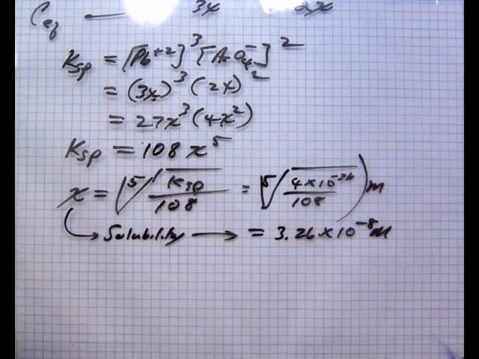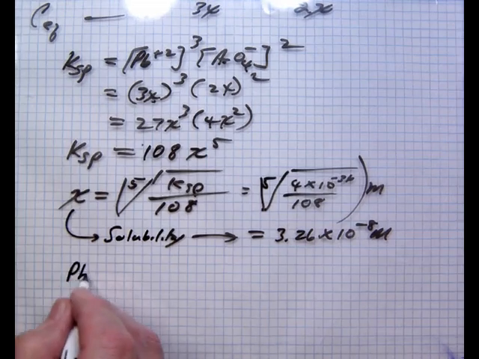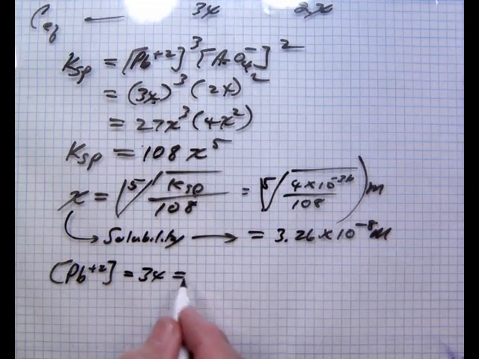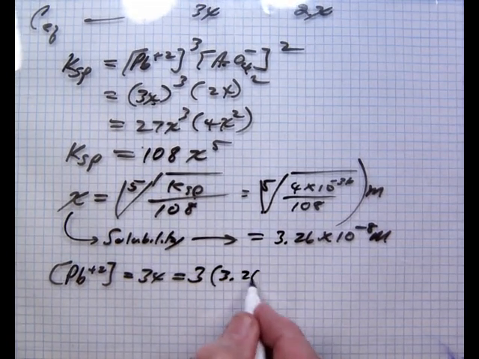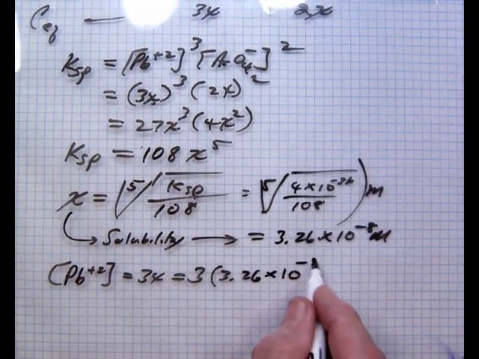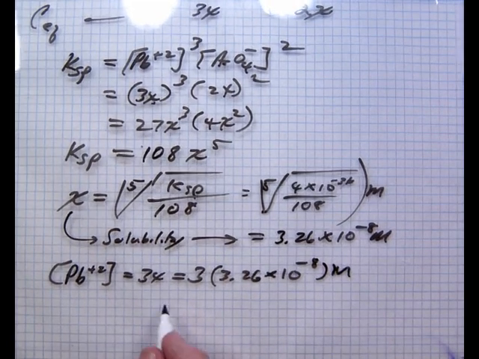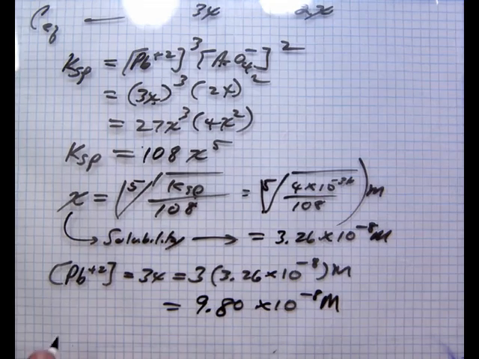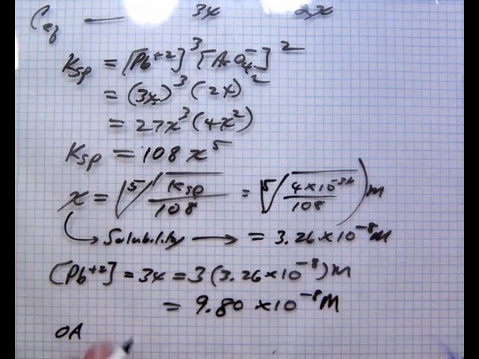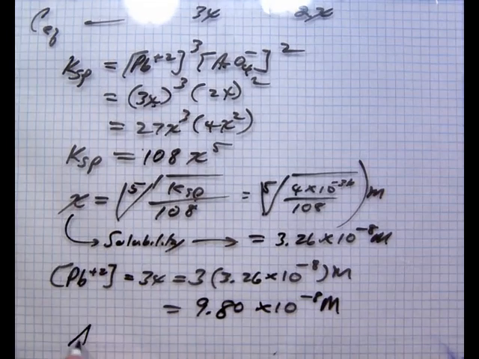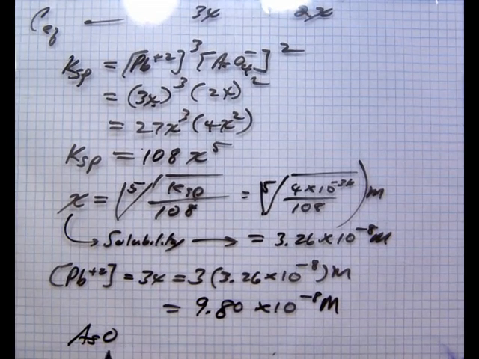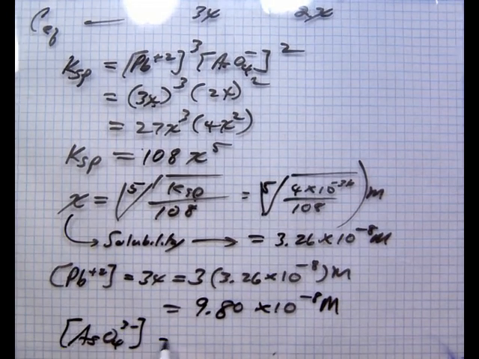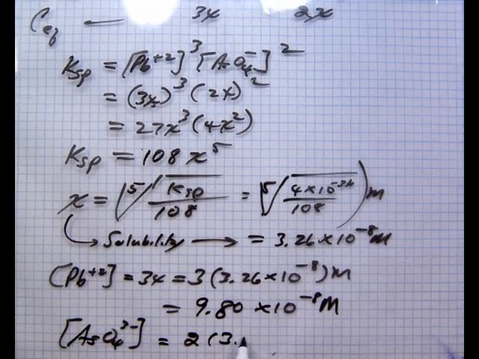So if you were asked on a question what's the lead concentration, it would be 3x, which is 3 times 3.26 times 10 to the minus 8 moles per liter. So there's your lead concentration right there. And finally, your arsenate is 2 times that number.